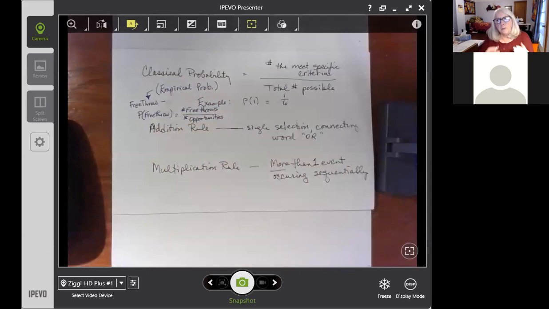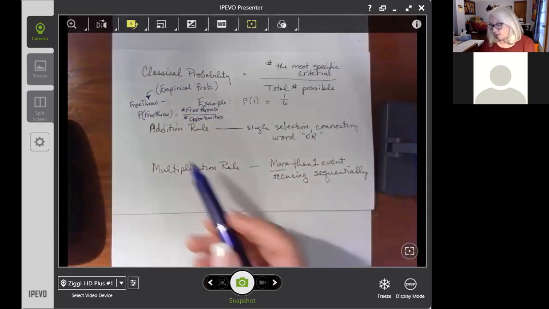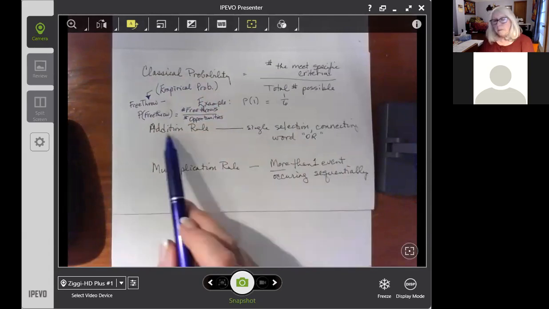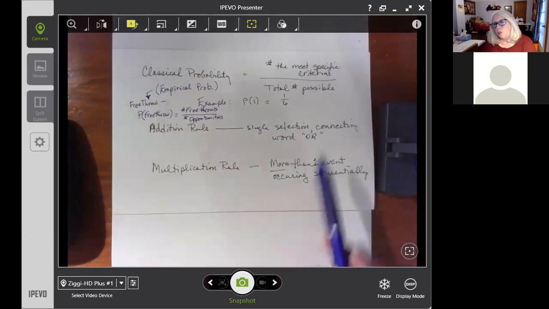So that's pretty straightforward. The other 2 topics that are in this chapter are, and they're not in this order actually, I think the chapter deals with the multiplication rule first and then the addition rule. But knowing which of these 2 rules to apply is very important, because the formulas for both of these rules are on your formula sheet, but you have to be able to decide which one's appropriate.